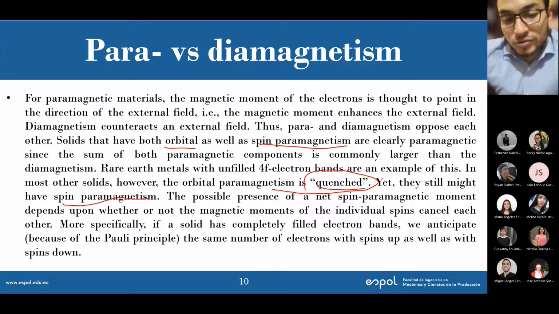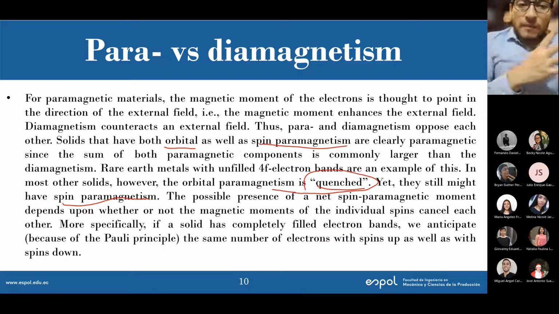They all have filled electron bands, and therefore they are all diamagnets. So this is the whole idea of paramagnetism versus diamagnetism. In paramagnetism, the field enhances the magnetic moments created in the material, so they try to align with the magnetic field. In diamagnetism, they oppose the magnetic field, and that's why there's no net magnetic field.